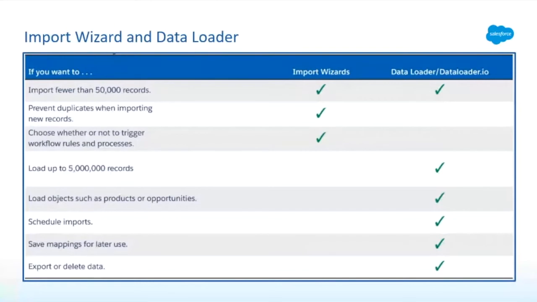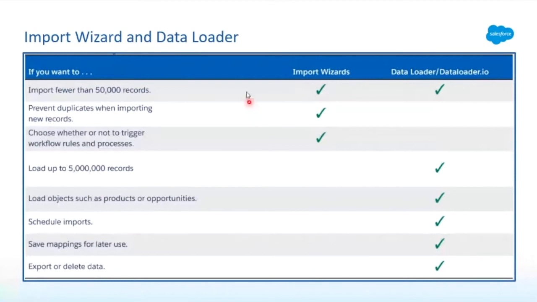So we're talking about the considerations of when to choose which tool. Basically you would be given a scenario to choose between Data Loader and the import wizard, and you need to decide based on the various options available in the system.